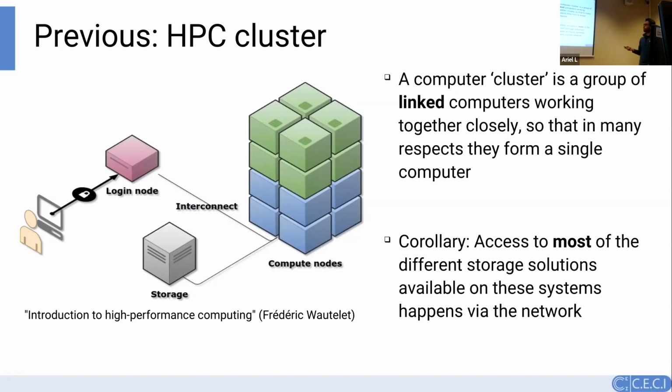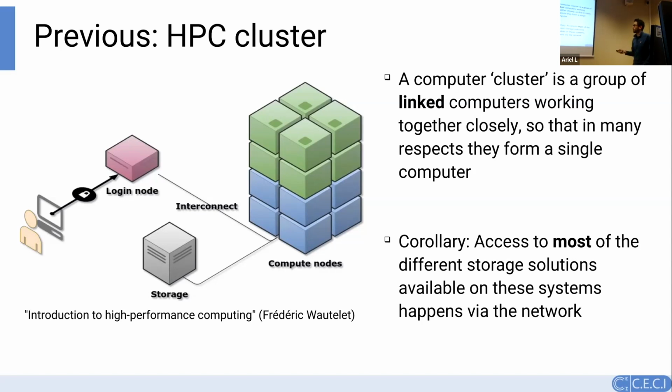all this group of machines have access to storage systems that are accessed via the network. So we are not at all in the case, as I showed before on the laptop, where the CPU accesses the storage unit directly via the PCI Express lanes of the CPU.